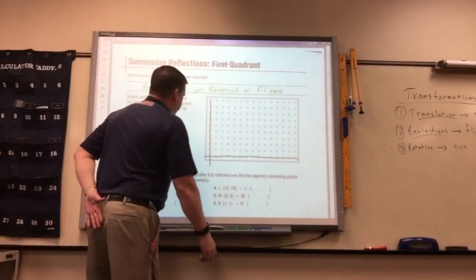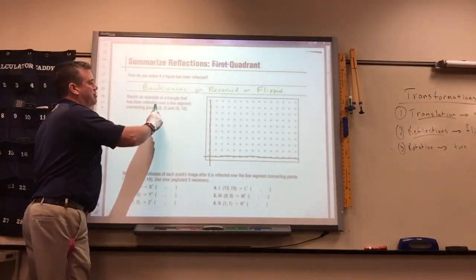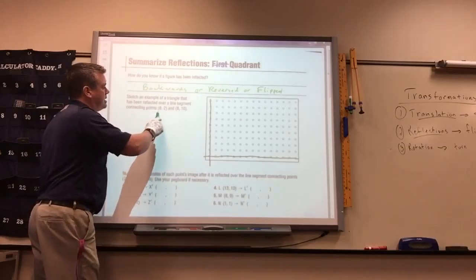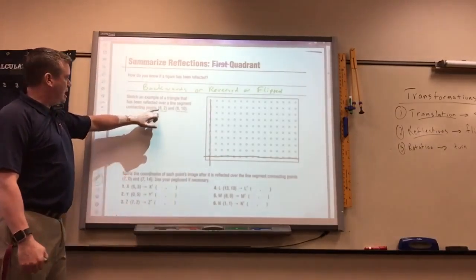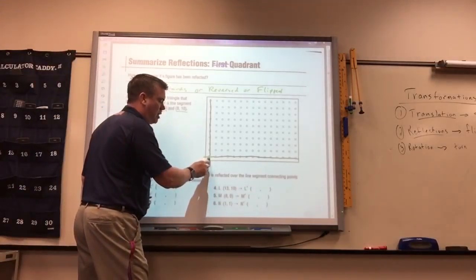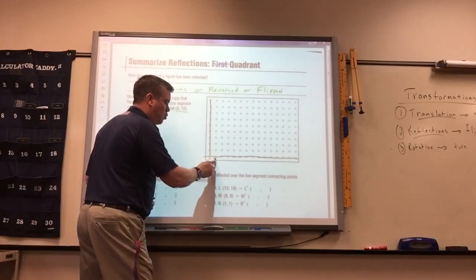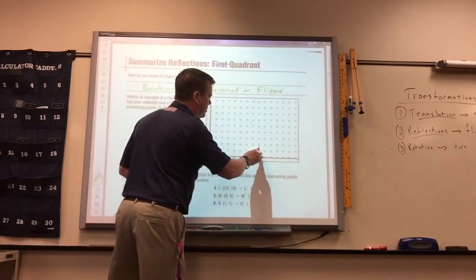Okay. Now, this one, sketch an example of a triangle that's been reflected over a line segment connecting these 2 points. So it's just like we did on the pegboard. You got to plot a point at 8, 2. So remember, this is 0. It's not 1. So I start here, that's 1, 2, 3, 4, 5, 6, 7, 8, up 2.